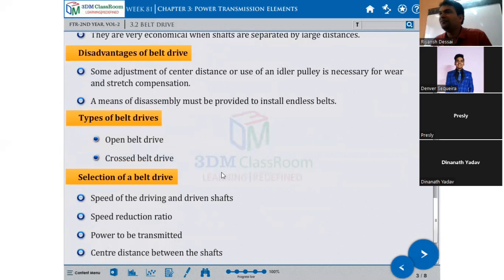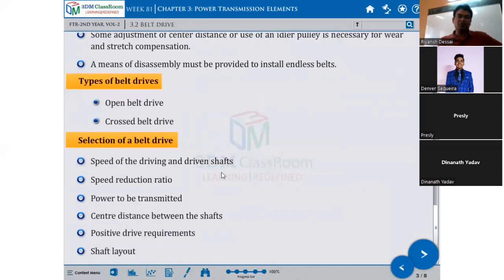Types of belt drive: we have the open belt drive and the cross belt drive. We already discussed the open belt drive and the cross belt drive. Selection of the belt drive: the speed of the driving and driven shaft is very important whenever we are going to design any belt drive. The driver speed, the RPM, is mostly provided on the motor.